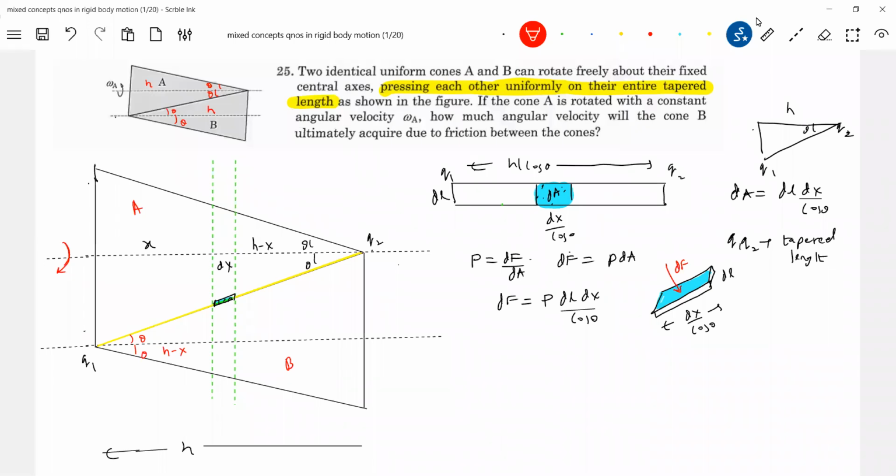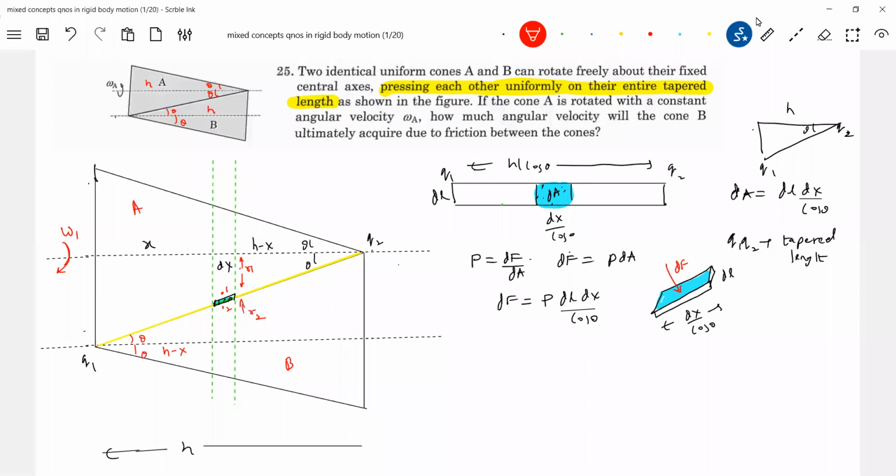Now let's come to two points. Let me take them into the picture. What will happen to the velocity of point 1 on the cone A? It will be into the plane of the paper, and let the radius of this tapered, or this particular shaded strip, at this point be R1.